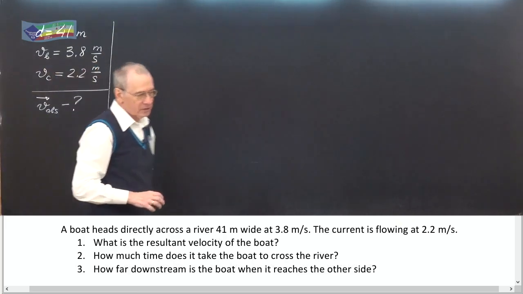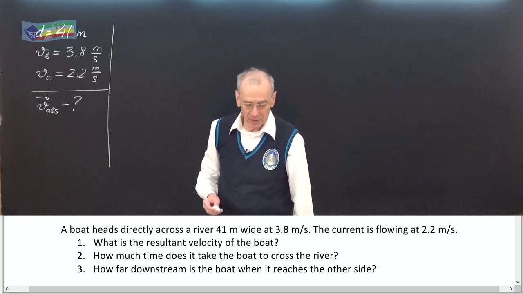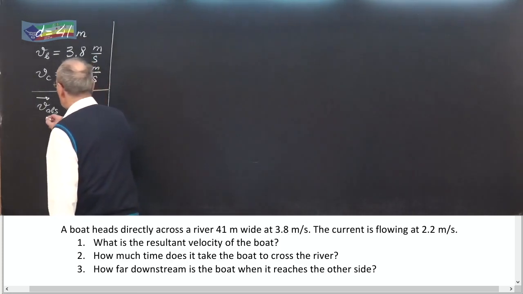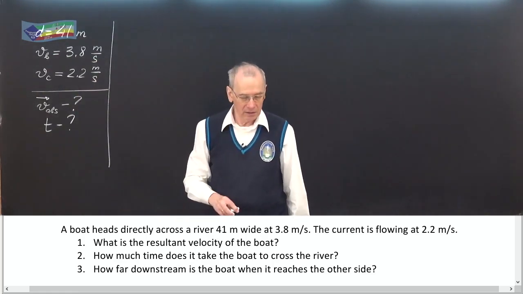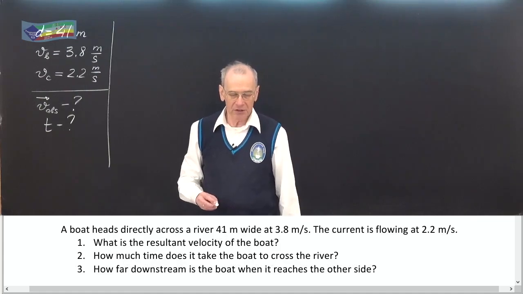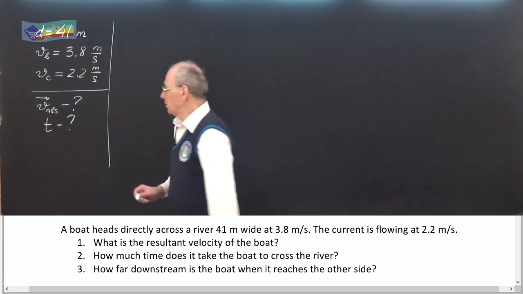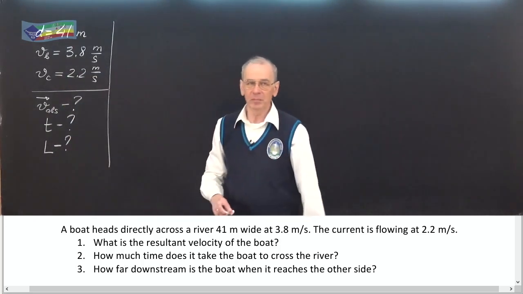The second question: how much time does it take the boat to cross the river? Time we have to find. And at last, how far downstream is the boat when it reaches the other side? Let L be the downstream drift.